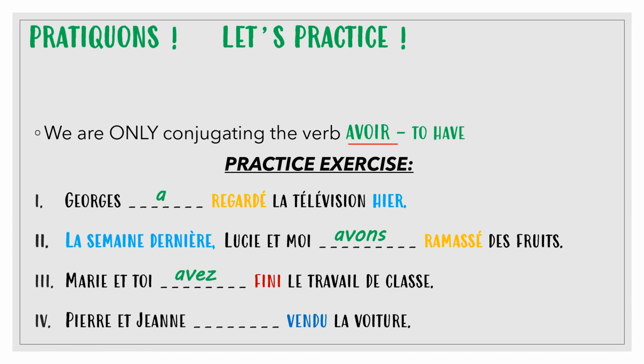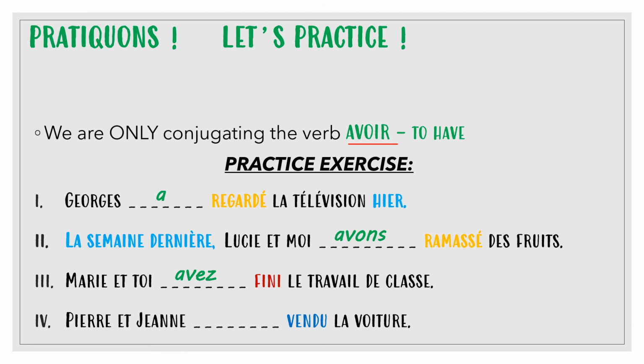Pierre et Jeanne, blank, vendu la voiture. So Pierre and Jeanne sold the car. The subject of the sentence is Pierre et Jeanne. Now, which pronoun can substitute for Pierre et Jeanne? Yes, plural. So that would be ils, okay?